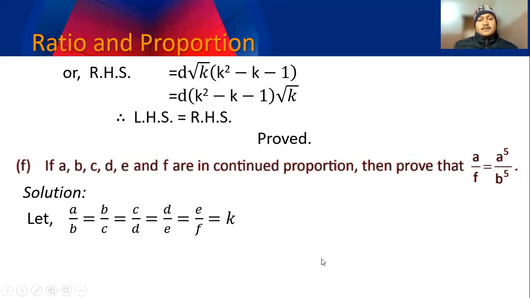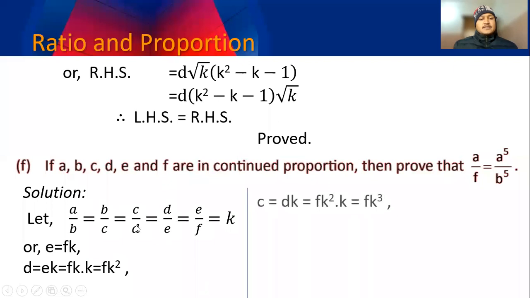So first one is E is equal to Fk. Second, D is equal to Ek, as we discussed, and value of E is Fk, so it becomes Fk square. Next, C is equal to Dk, and the value of D we found just before is Fk square.